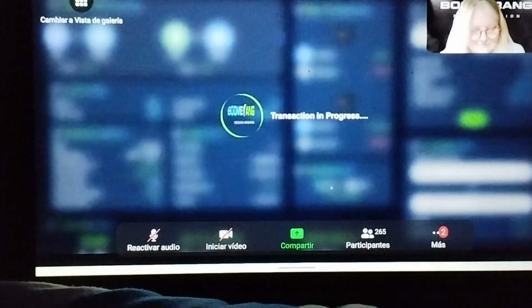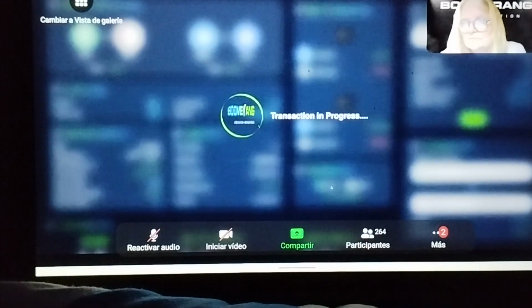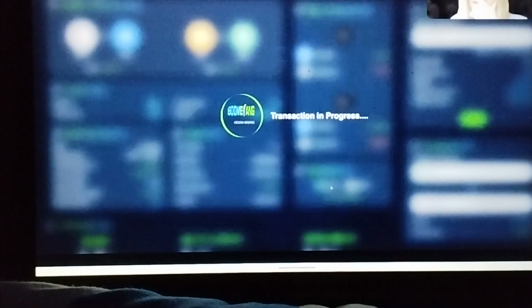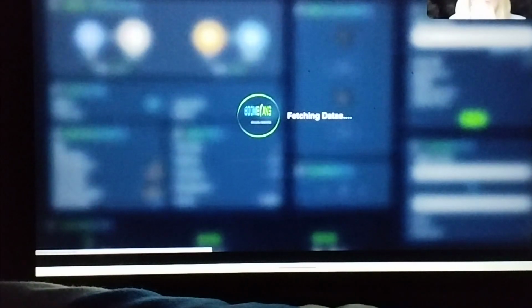Bevestigen is the Dutch word for confirm. And let's see if this trade is going through. Yes, transaction completed. You see, it was in the top banner.